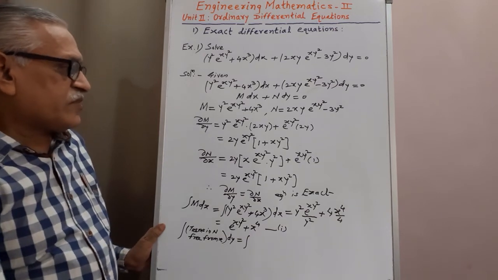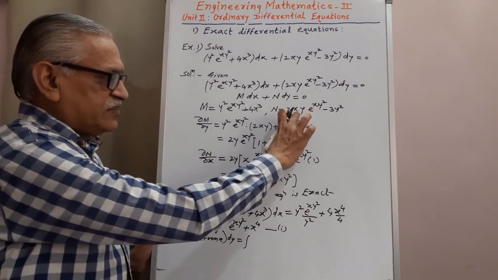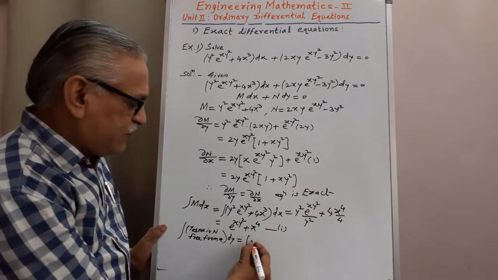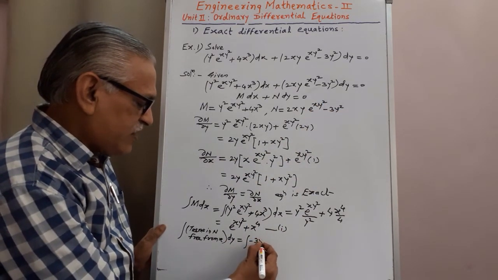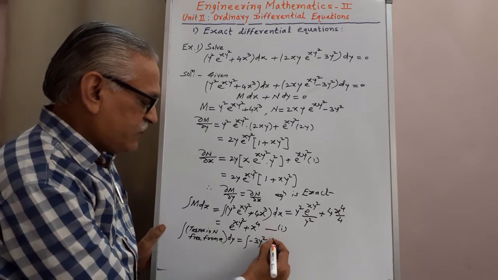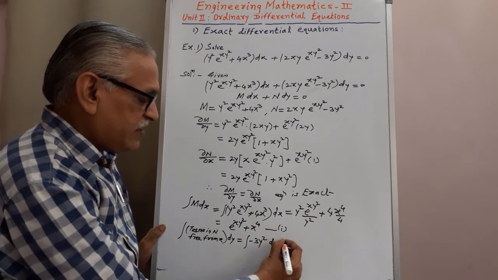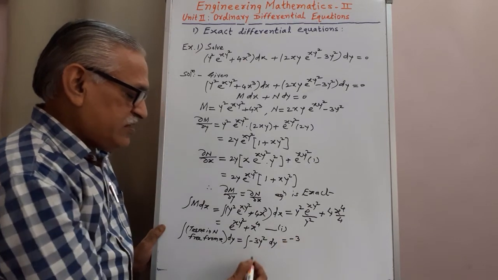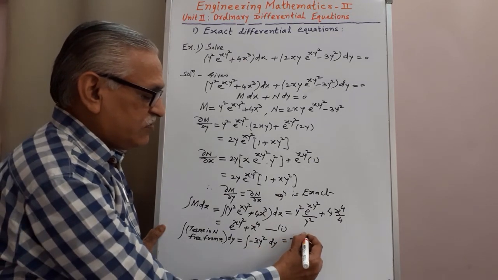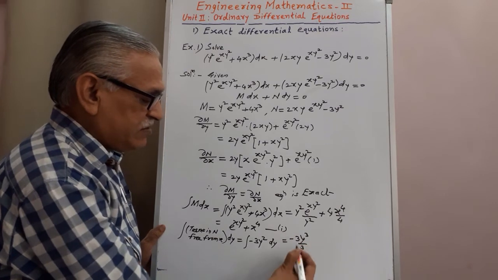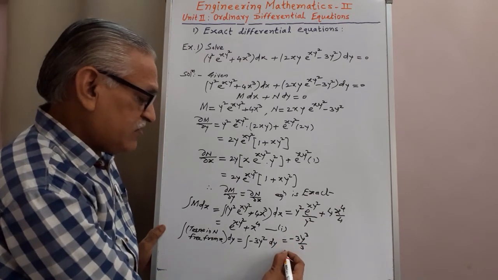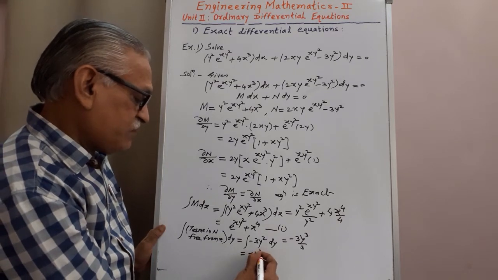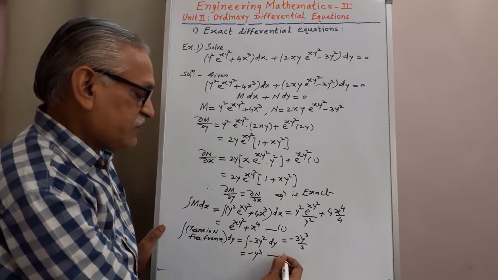First term is containing x, second term without x, and therefore that term is minus 3y square, which we have to integrate with respect to y, and its integration is minus 3 constant outside. Integration of y square is y cube by 3. 3 gets cancelled, we get it as minus y cube. We call this equation 2.